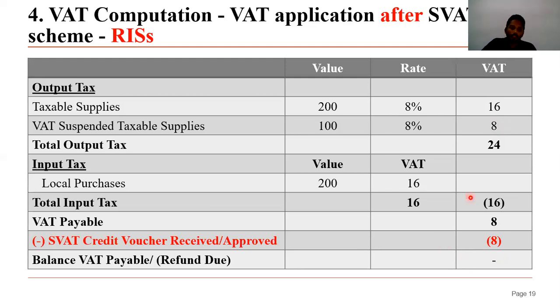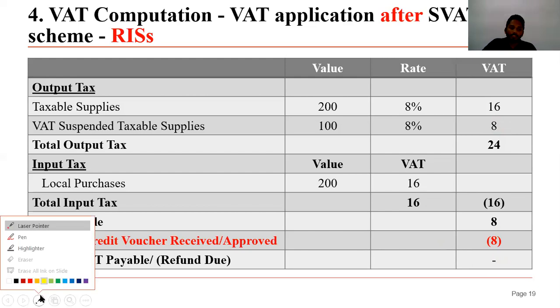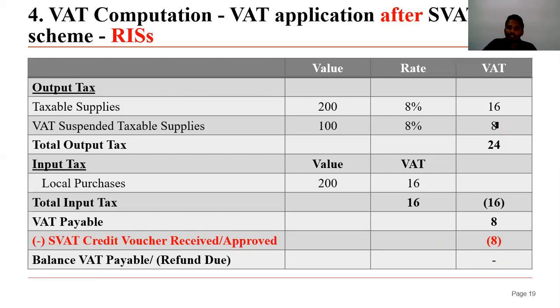For whatever supply you made, as an administrative part, as an SVAT registered person, you will get an SVAT credit voucher. Practically you will not receive the physical one. Normally as per the law you have to collect it anyway, but you can see whether it is approved or not in the system. The system will approve. You can see whether your SVAT is approved or not. Then this is the RIS scenario.